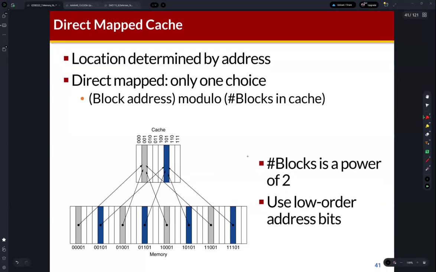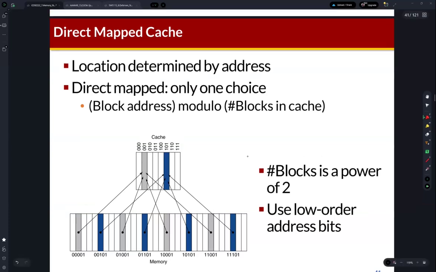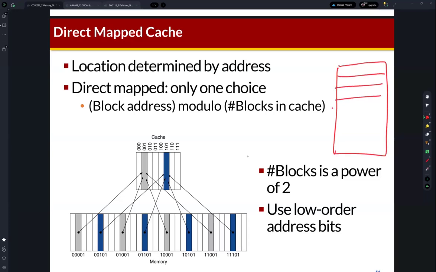Then when you allocate new data, we need to define where the data is allocated in a cache. So what does that mean? I mentioned this is a cache, right?